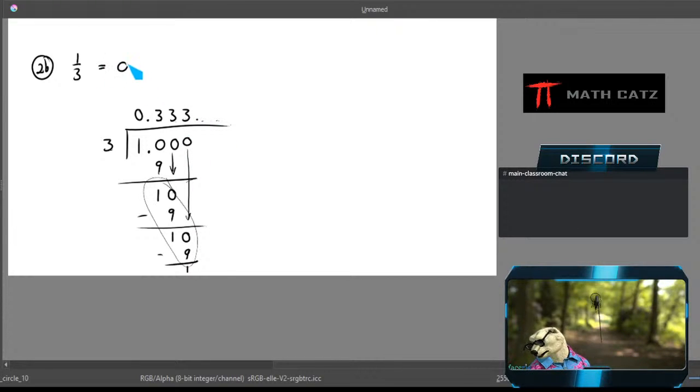So there are decimal numbers that repeat forever. And we just put a little line over it. Some use a dot. I prefer a line to indicate that the 3 is repeating forever. So that's the downside, unfortunately, of decimal numbers. They're not as clean as the fractions are.